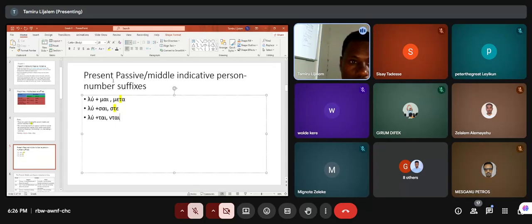So this is all about the person number suffixes. So we can add this one. Lu plus mai or metha. It will be what? Lu.